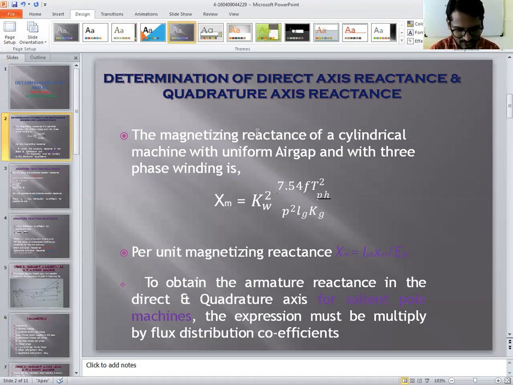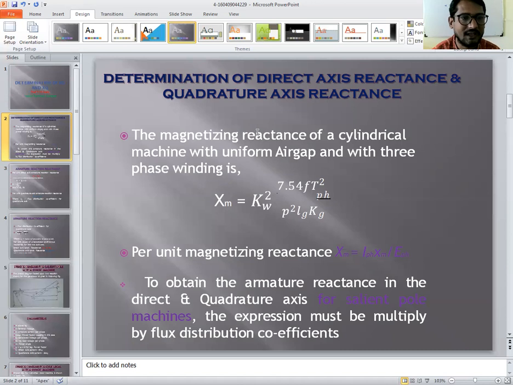The flux linkage per ampere is called the quadrature axis, or Q axis, synchronous inductance LQ. It is given as LQ equals armature flux into NPH upon armature current. Here also NPH is the number of turns per phase of the armature winding.